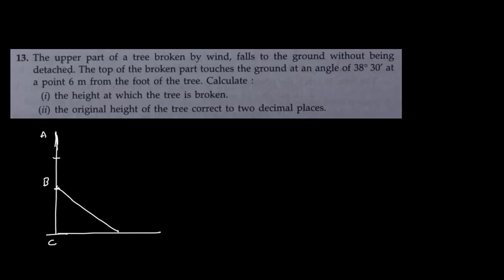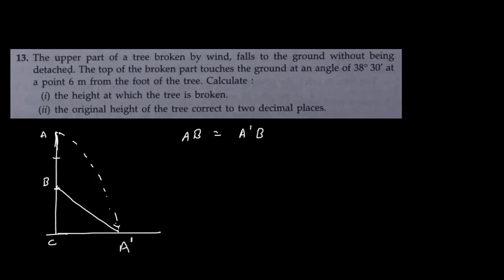So this point A will come like this. We will name this point as A dash, that will be a better idea. Here AB is equal to A dash B. How much is this part? We don't know.